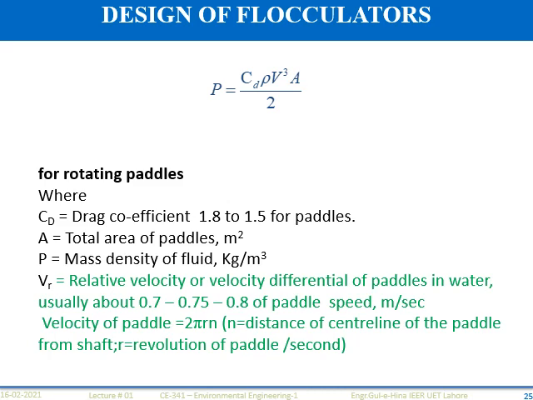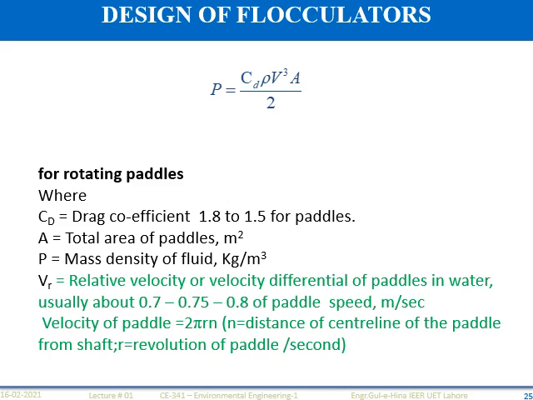So for rotating paddles, we find P by using this formula, which is equal to CD rho VR cubed A divided by 2. CD is the drag coefficient, normally 1.5 to 1.8 for paddles. A is the total area of the paddle in meter square.